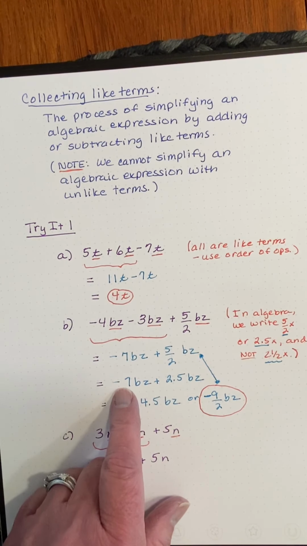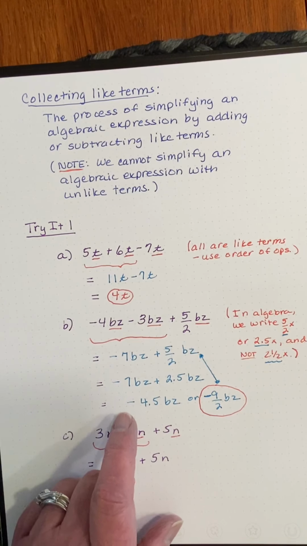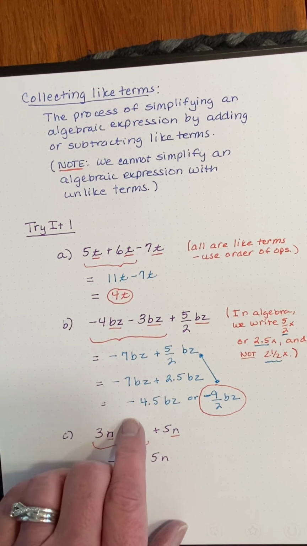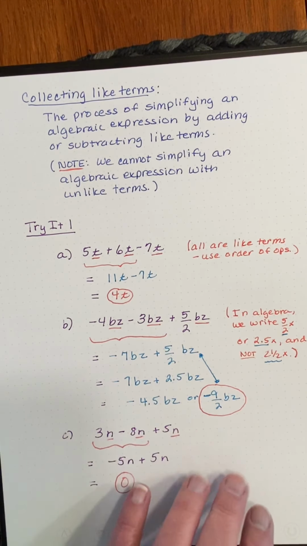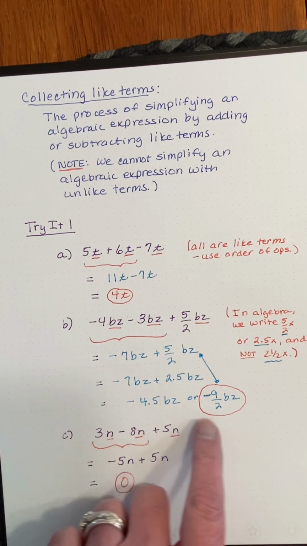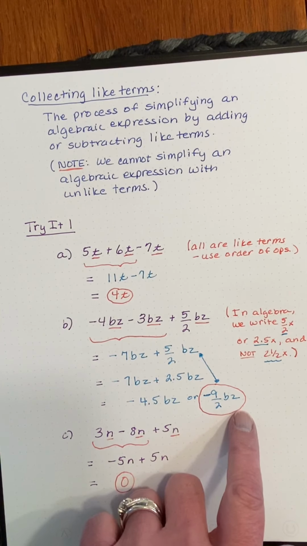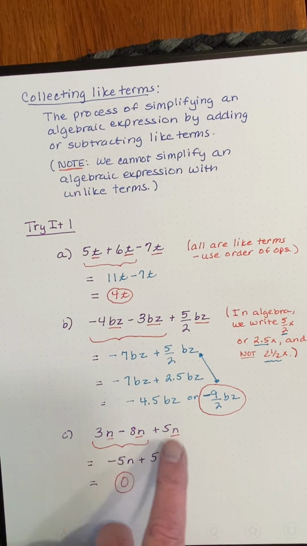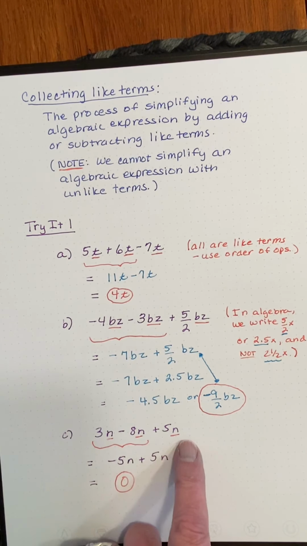So the negative numeral is higher, so it has a higher absolute value, so my answer is negative. And remember, if you have a negative and a positive, you subtract. So we have a negative 4.5bz, and as I suspected, they turned this into an improper fraction, which is a negative 9 halves bz.